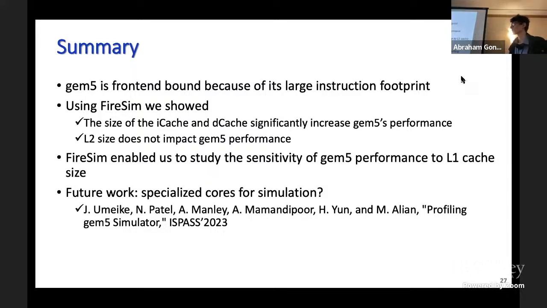It was quite useful for enumerating a few important configurations and proving our hypothesis. And it's also helped motivate our work for hopefully designing accelerators or specialized cores for simulation-based workloads.